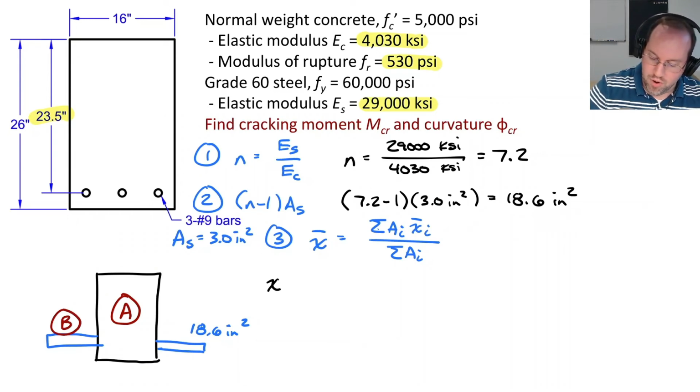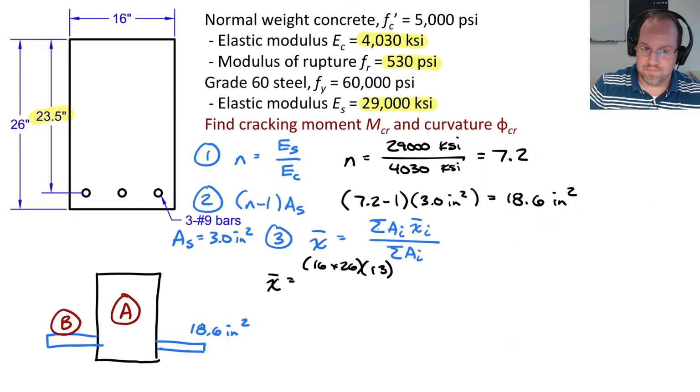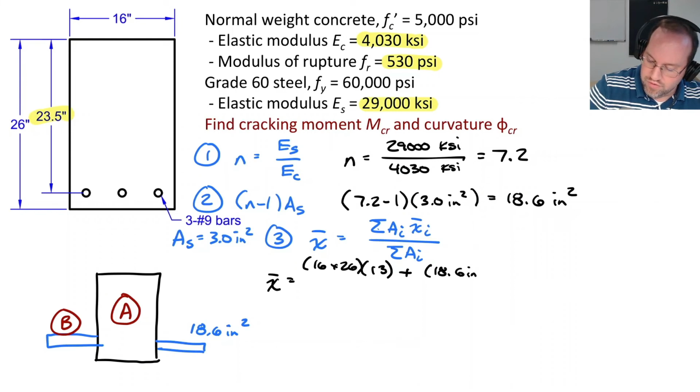I'll have x bar is equal to the area of my big rectangle A, which is 16 by 26 inches, and its centroid is 13 inches from the top. That's half the distance down. Plus I have an area of 18.6 square inches for my 2 wings, and that is a distance of 23.5 inches from the top.